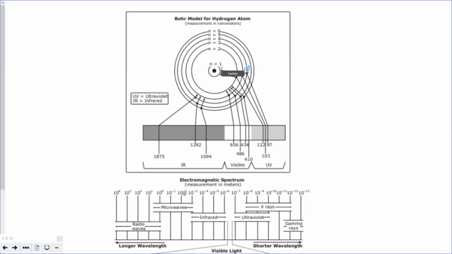And it tells us that gives off 97 nanometers of wavelength. That energy has a wavelength of 97, which would correspond to a type of UV light because it's a shorter wavelength. What we're going to be focused on is this section of visible light in the middle. These are the electron transitions we need to be able to know and recognize.